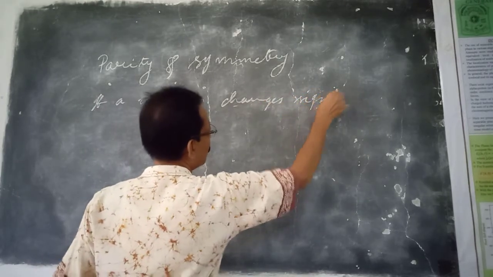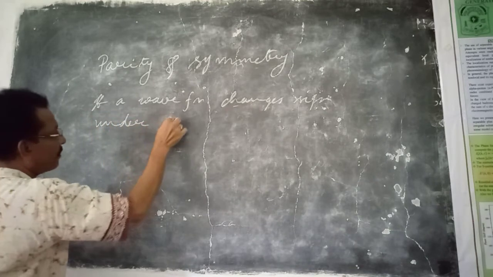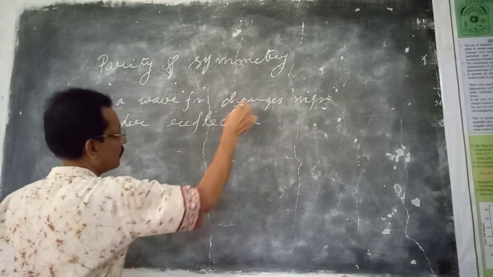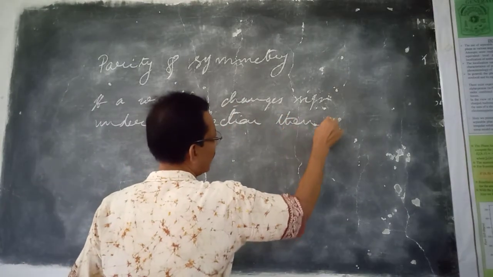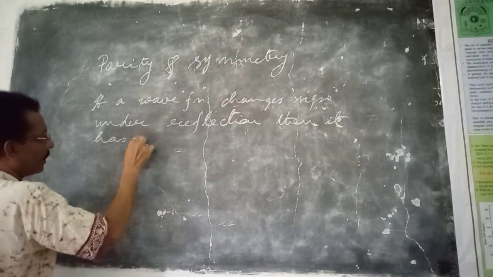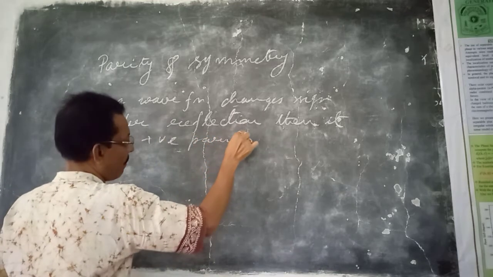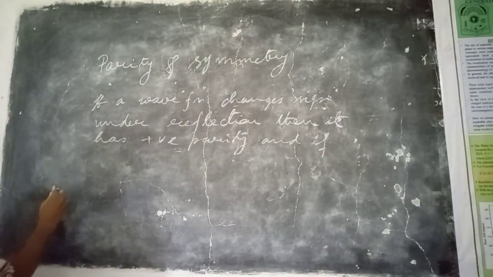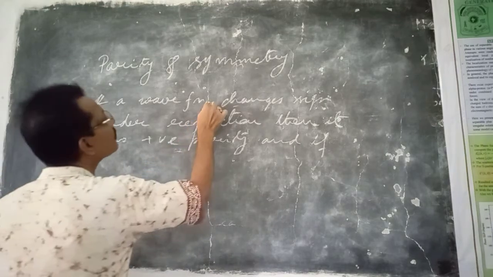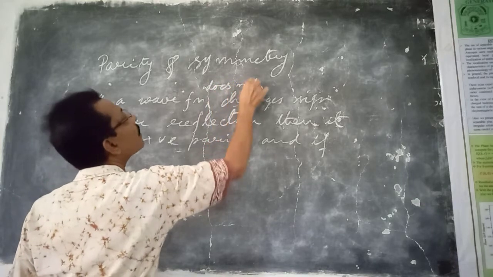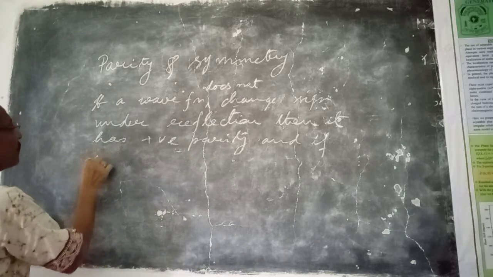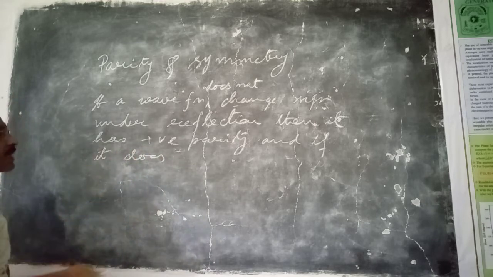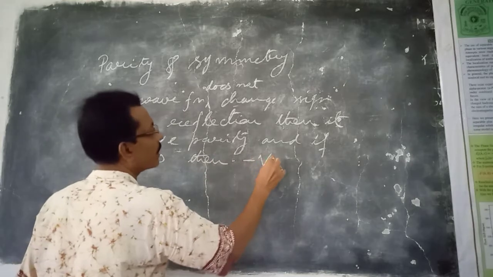Therefore, if the function does not change sign under reflection, then it has positive parity, and if it changes sign, then it has a negative parity.